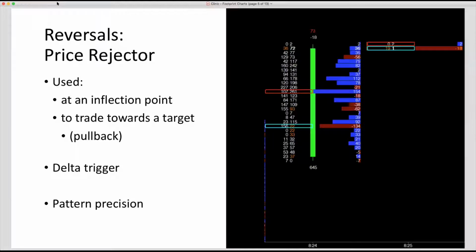So the first pattern, and this is really one of my main go-tos, is a pattern that I call price rejector. I got this nomenclature actually from Mike Valtos of orderflows.com 4 or 5 years ago. I think the pattern in turn, he may well have been looking at this pattern.